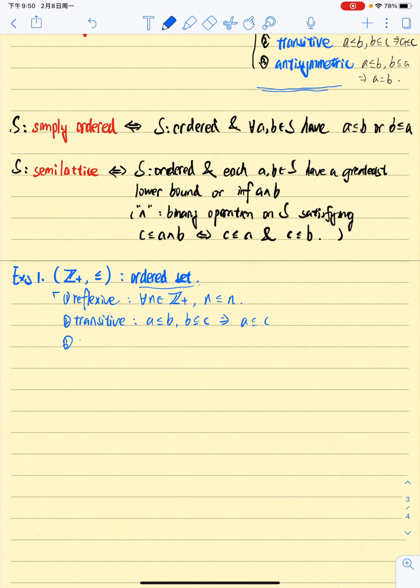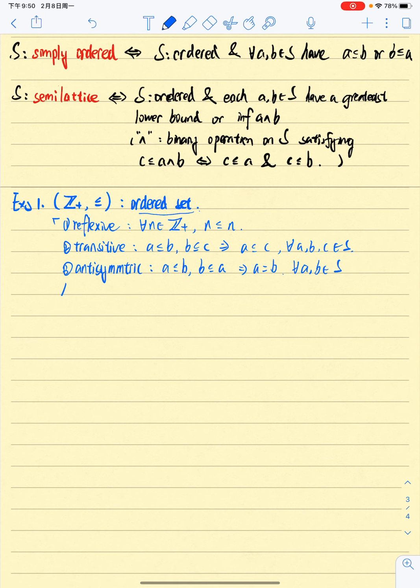And anti-symmetric: if A is smaller than or equal to B, and B is smaller than or equal to A, then in the positive integer set, there must be the result, right? For every A, B, C in S. Okay, so this is an ordered set.